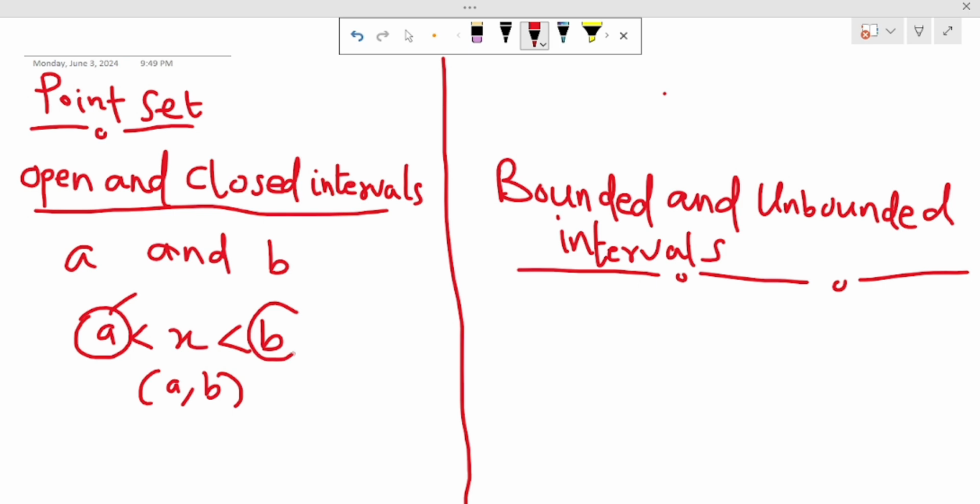So the interval does not contain A and B, but contains points within A and B.